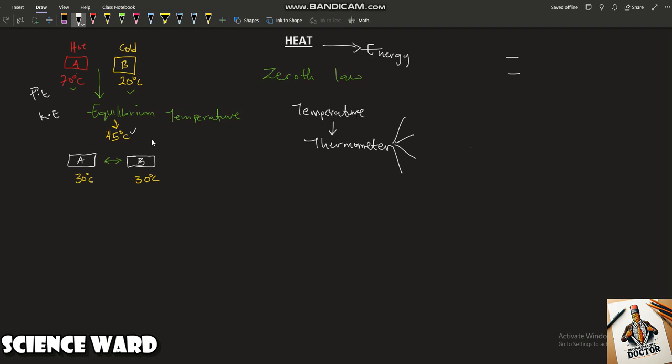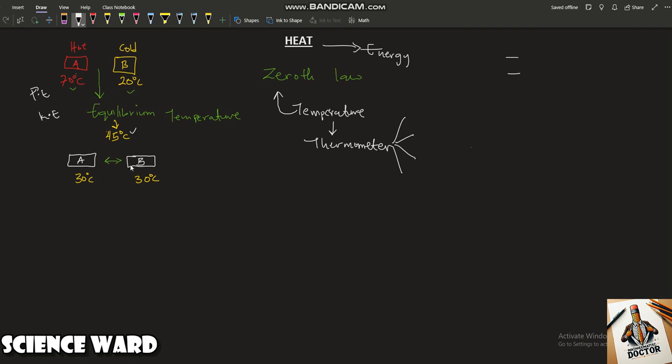Well, the temperature definition, which is obtained from the zeroth law, helps us to understand when energy will flow or not.